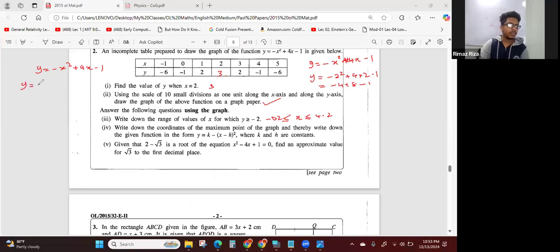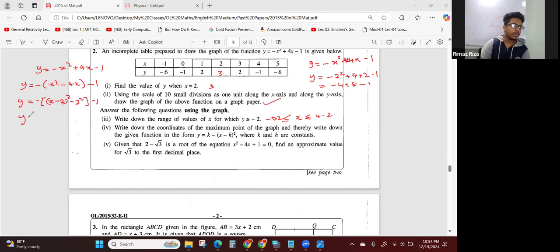Y equals, you take minus out, x squared minus 4x, and then minus 1 separately there. Then completing the square, x minus half of this, 2, and then you square it, so you subtract 2 squared. And then this minus 1 is separately out.